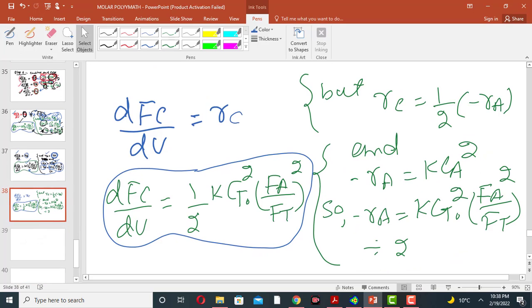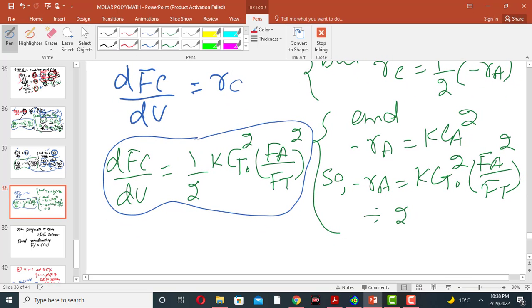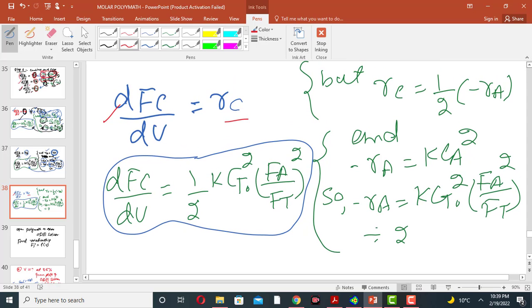Similarly for component C, dFC divided by dV is equal to RC, but RC is equal to half into minus RA, and this minus RA is already determined.